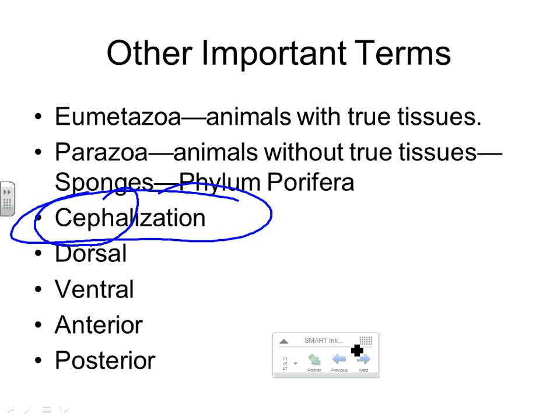Another thing that we need to know is just a few directional terms. If we're talking about a four-legged animal, where's dorsal? It's like the top where the backbone is at, right? Like the dorsal fin in a shark. It's along his backbone. It would be the top of the dog's body. Ventral is the belly side in a four-legged animal.